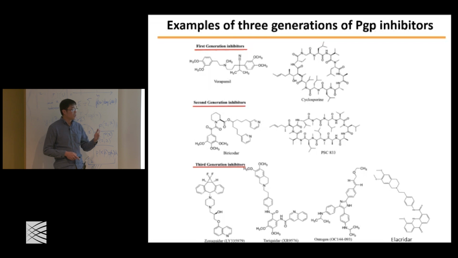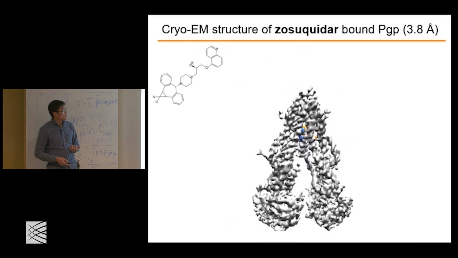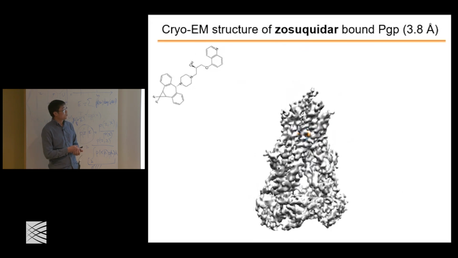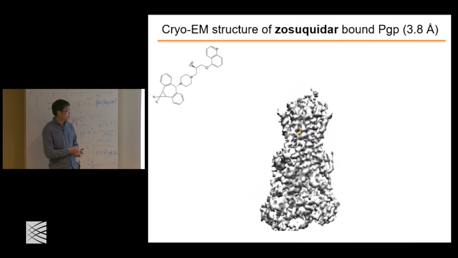But only very recently do we have some structural information on how these inhibitors actually bind and block the activity of PGP. Here I will give you one example, zosuquidar. We saw one structure of zosuquidar bound to PGP at 3.8 angstrom resolution.